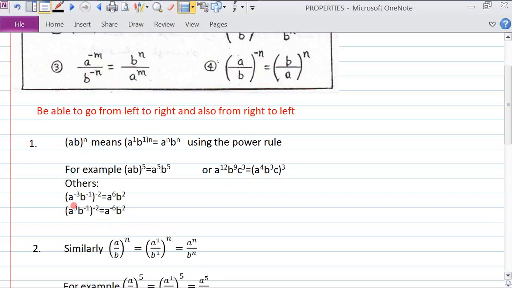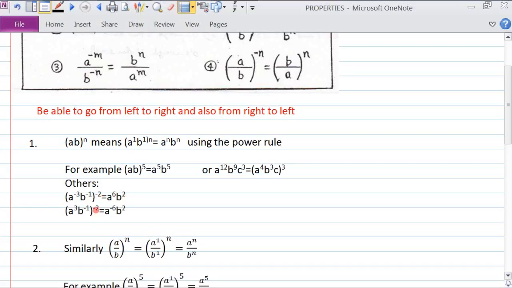Now you'll see here that I have a to the minus 3, b to the minus 1, to the minus 2. By the power rule, I multiply the minus 3 times the minus 2, and I get 6. I multiply the minus 1 times the minus 2, and I get plus 2.